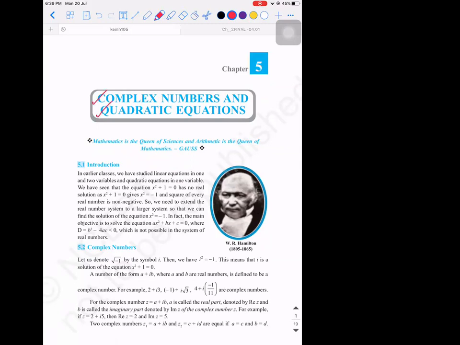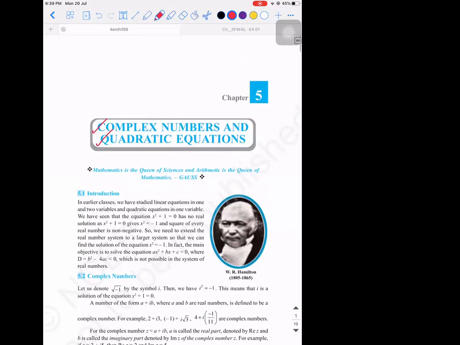The name of the chapter itself is complex numbers and quadratic equations. The origin of this concept, complex numbers, came from whatever you have learned last year already. In your 10th grade, you had a chapter called quadratic equations, the 4th chapter. You had linear equations in 2 variables, and you had quadratic equations.